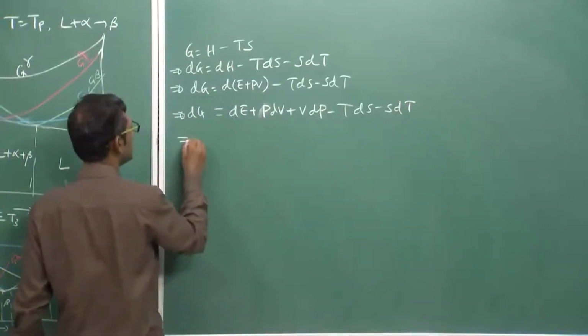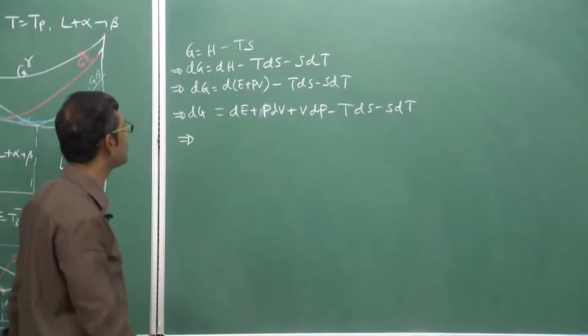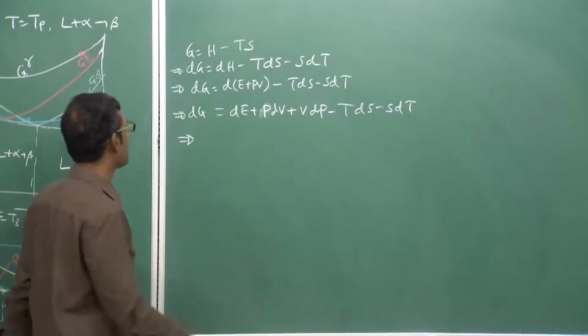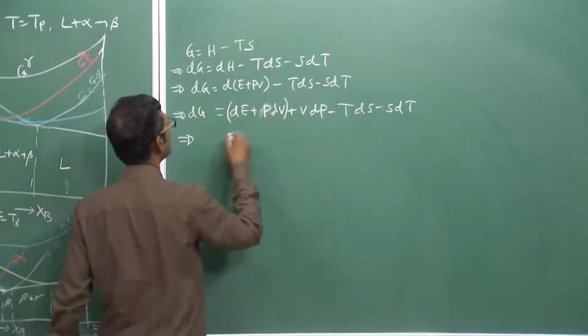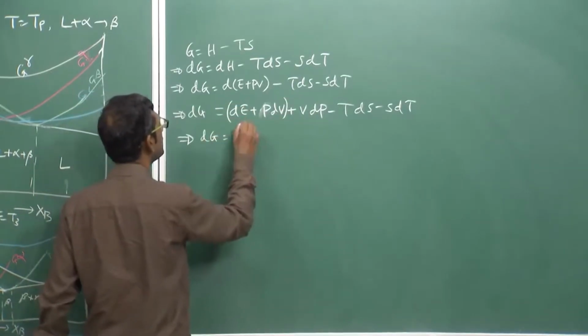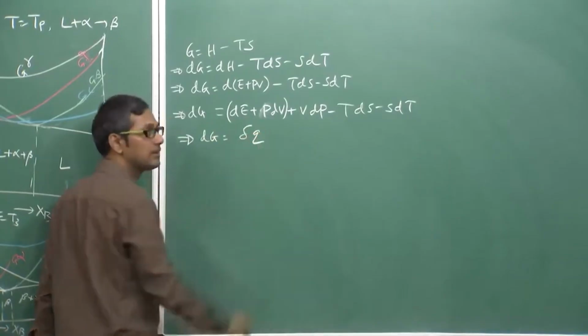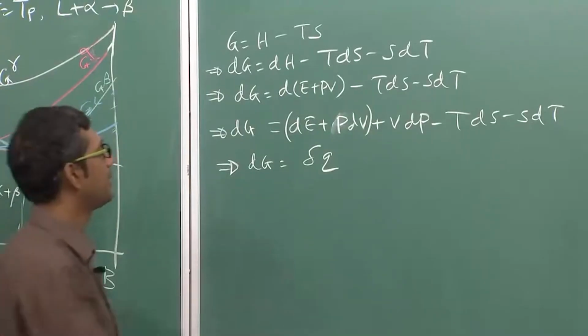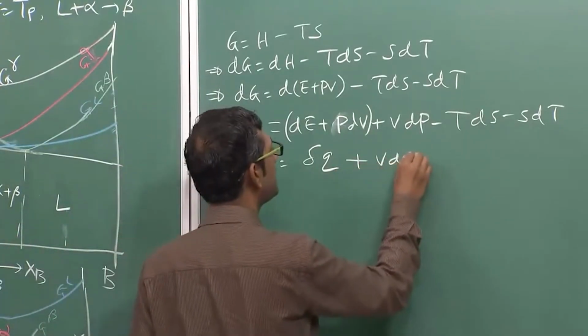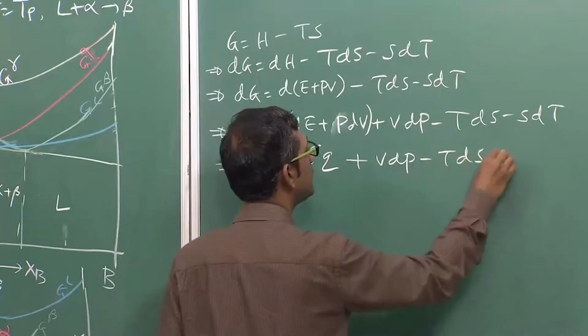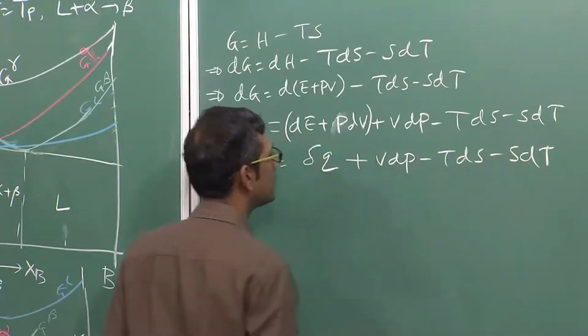Right. So the next step is to use the first law of thermodynamics. The first law tells you that these two terms within the parenthesis are nothing but heat, del Q. So that's plus VdP minus TdS minus SdT, right.